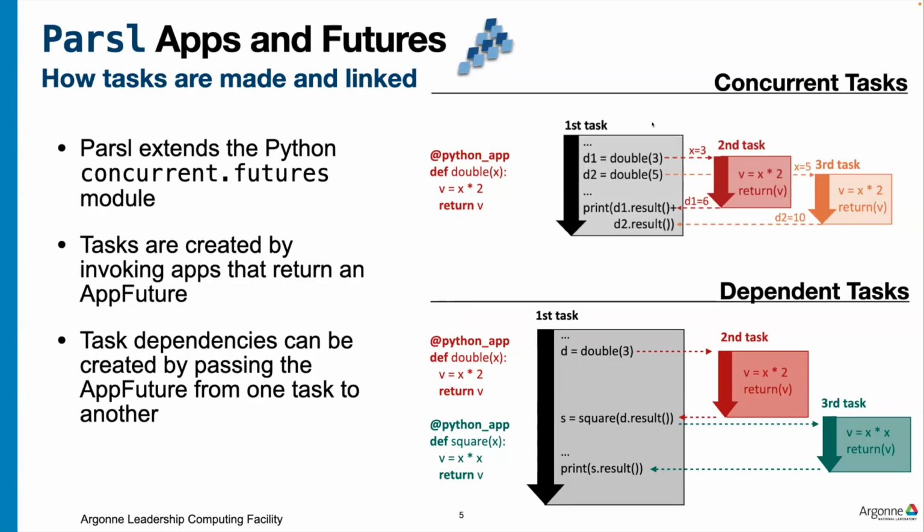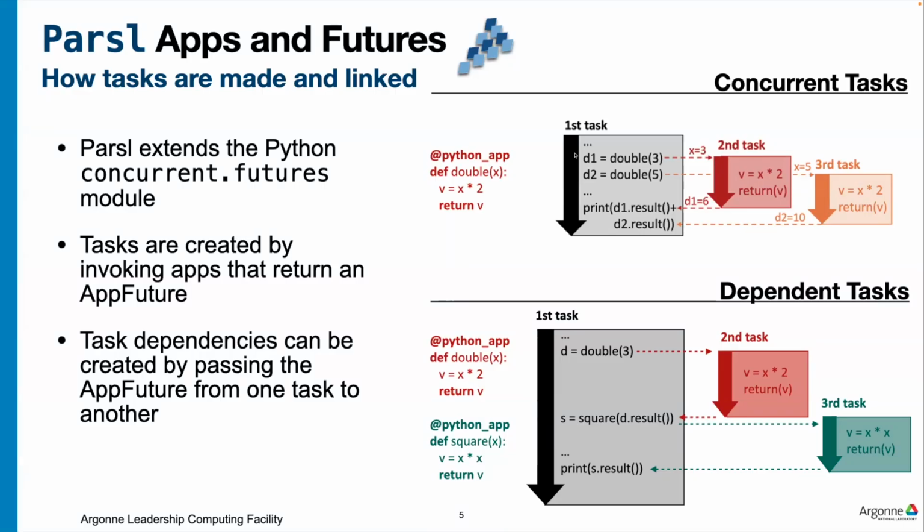In this example on the top with concurrent tasks, what happens under the hood with a Parsl app with this special decorator, and we'll see how this works in a second, is that these tasks don't execute sequentially. They get added to a queue that Parsl keeps track of, and they can execute concurrently if there are enough compute resources that Parsl is managing.